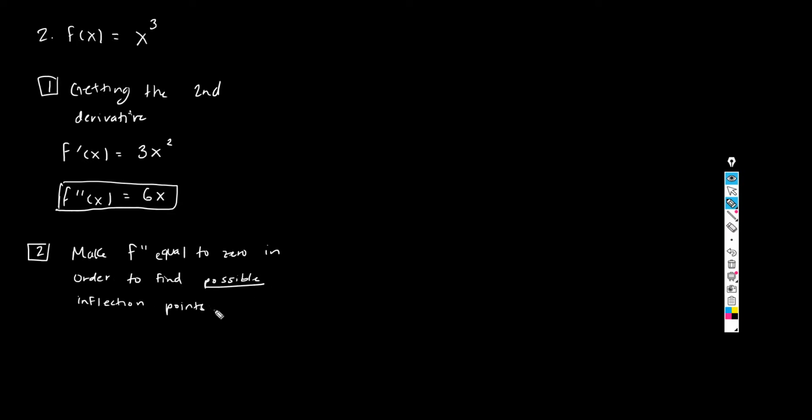Underline this word, it's very important. And so let me make my second derivative equal to 0. Very simple equation to solve. x equals 0. So this is my possible inflection point.